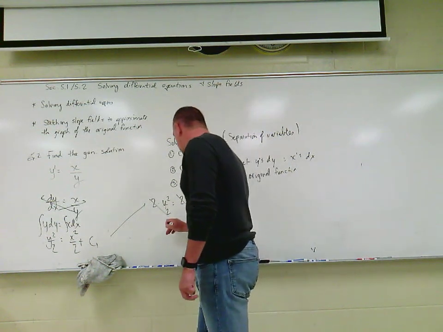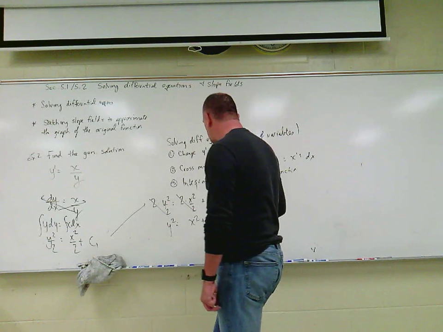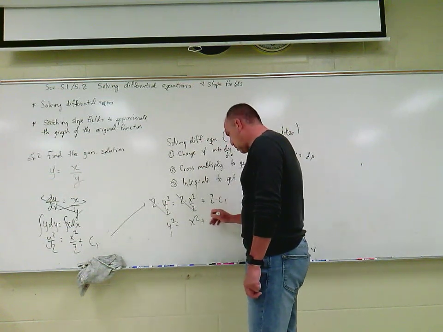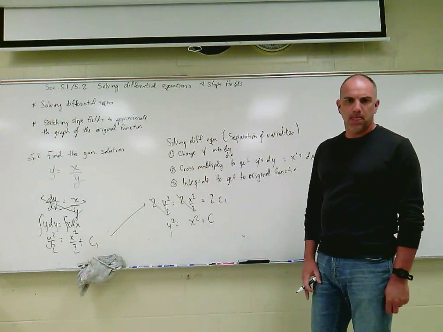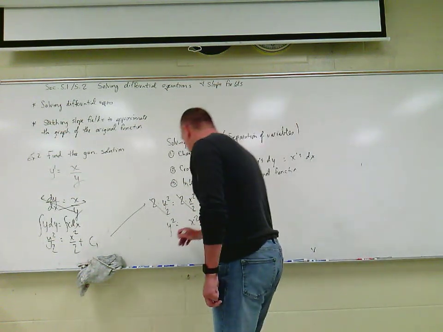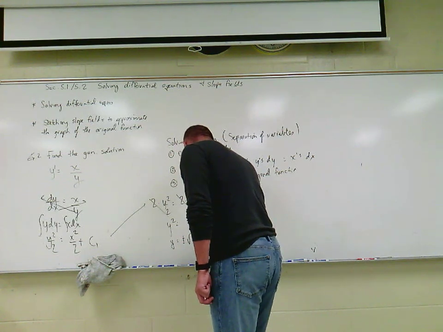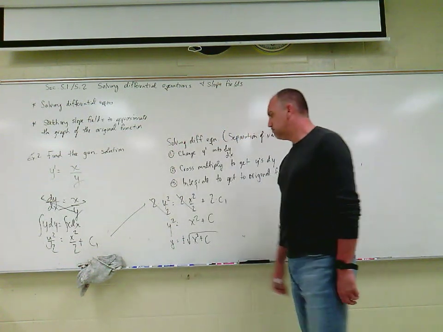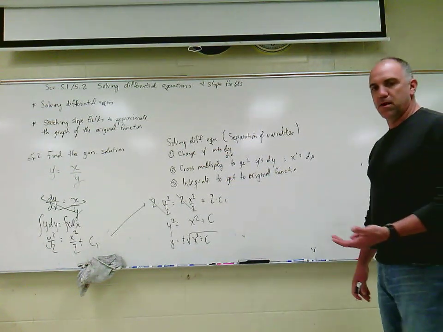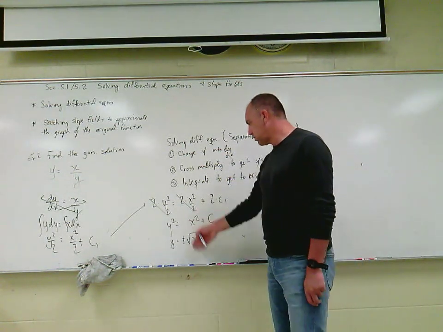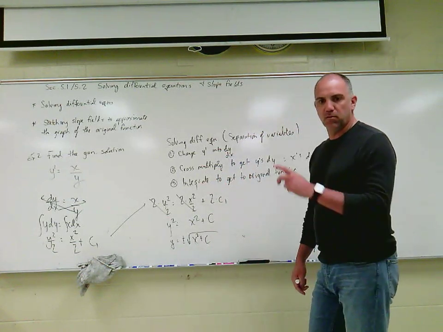And so now I get y squared equals x squared plus 2 times some constant, which I can now change into just a plus c. And then y equals plus or minus the square root of x squared plus c. Okay? All right. Now that won't be a function. If I have both of those, I would have to see which one we would keep depending on whatever point we were given.